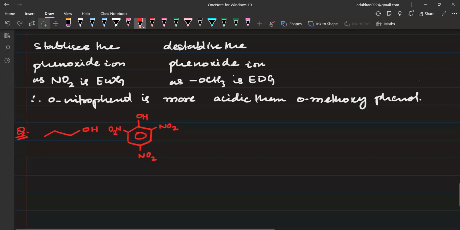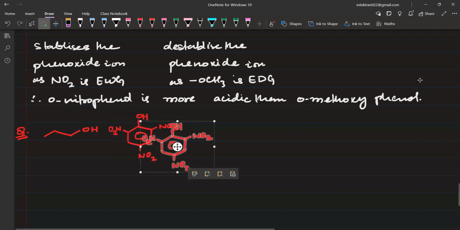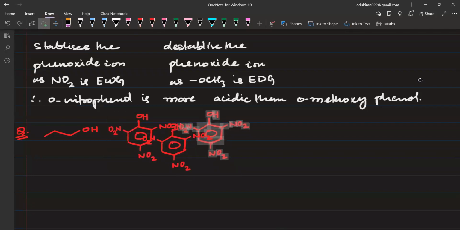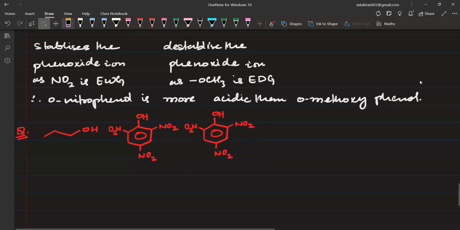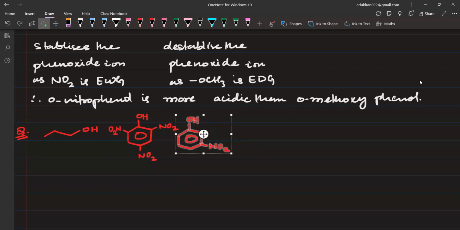Then we have, just copy this basically. Then you have NO2, suppose in the para position, and meta position.